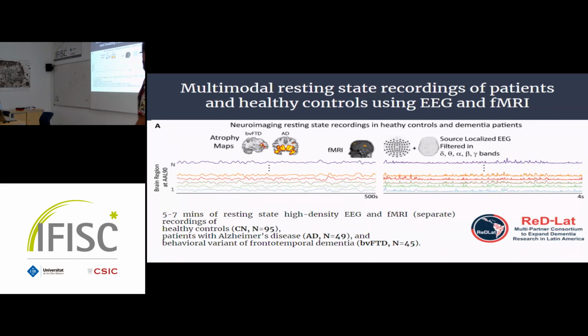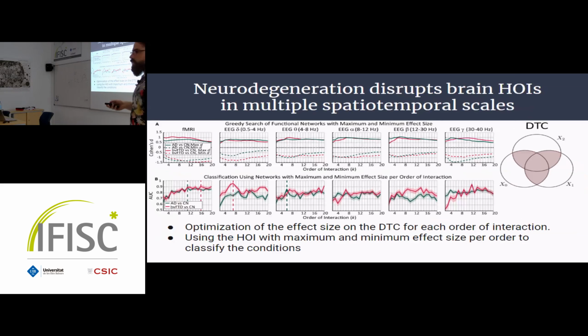So in this work, we work with fMRI data and also with high-density EEG. It's data collected from different countries by this multi-partner consortium, and it's data from Latin America only, from Chile, Colombia, and Argentina. And the data look like this, in this case fMRI, in this case source-localized EEG. So the idea here is to do an optimization that will tell us the networks that best characterize the effect.